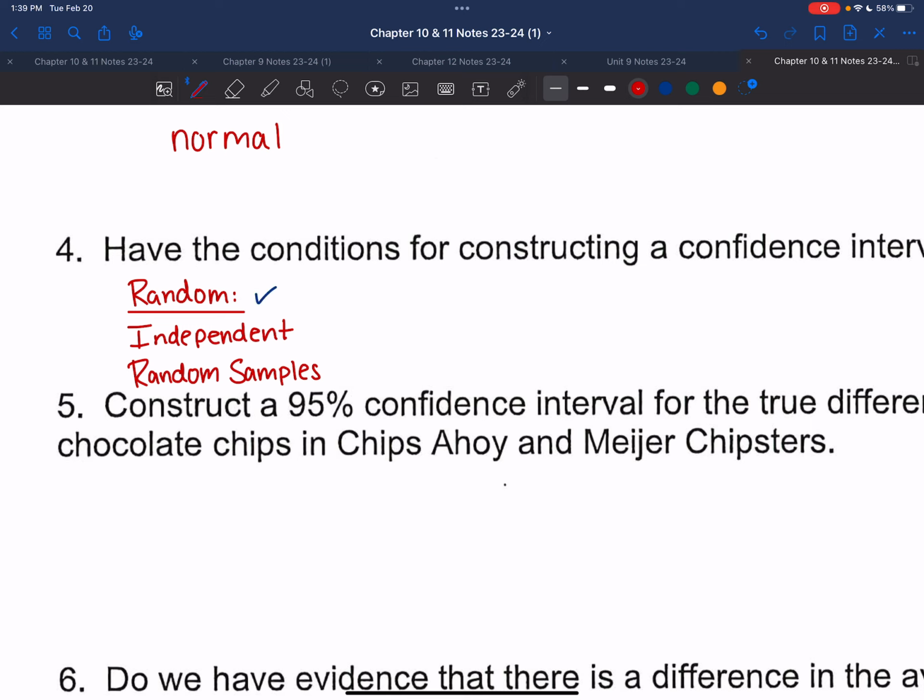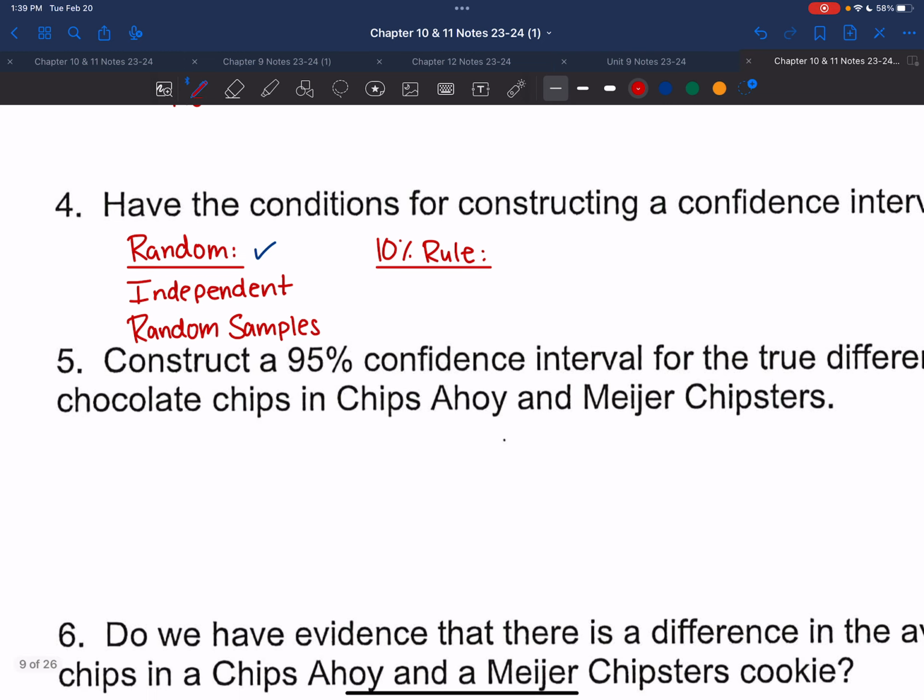10%, okay? So 10% rule. So we had a sample of 28 people in the class, so each one of these are 28, right? It's safe to assume that 28 is less than 10% of all Chips Ahoy cookies, and 28 is less than 10% of all Major Chipsters, right?